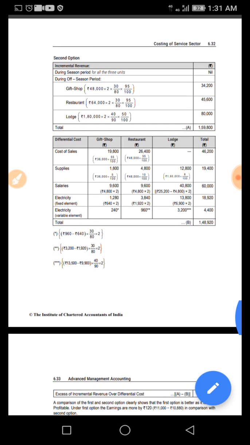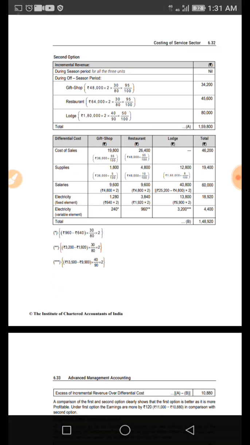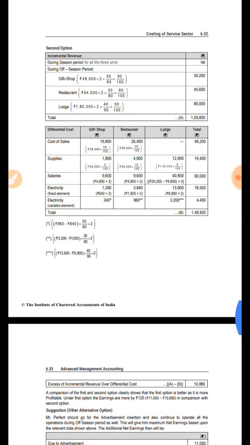Electricity, so see, fixed element 640 into 2, 1,920 into 2, 6,900. I said no, though this is fixed, but see, this is getting relevant because we are incurring this just because we are extending our operation for another 8 months. Okay, that's why we are taking it.